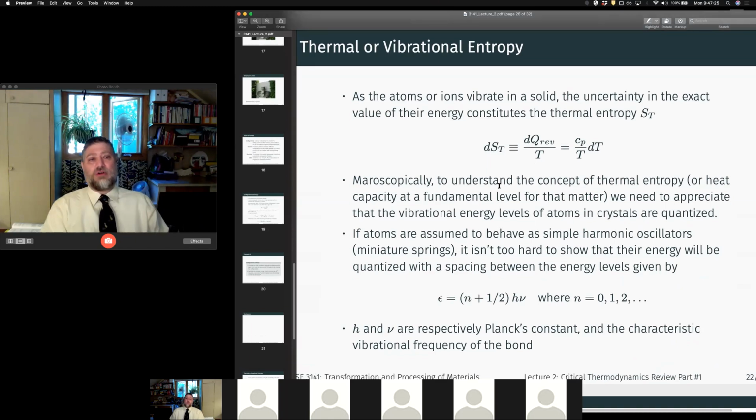Another really critical type of entropy for this class is the thermal or vibrational entropy. As the atoms or ions in a solid vibrate, the exact value of their energy constitutes the thermal entropy.